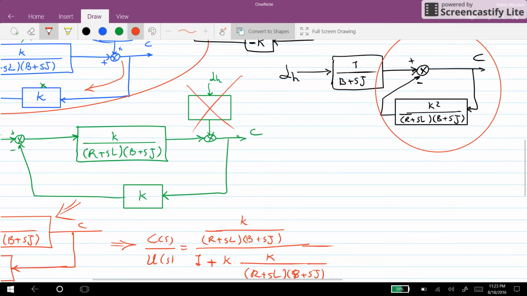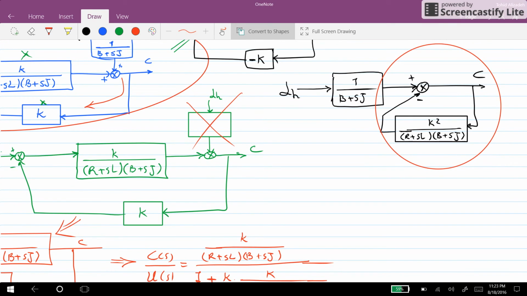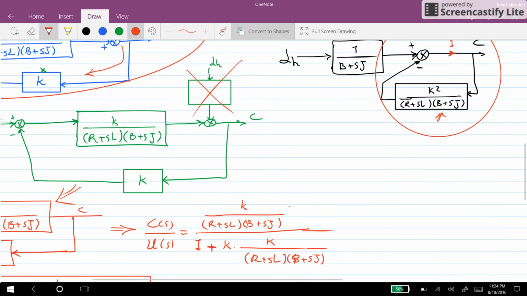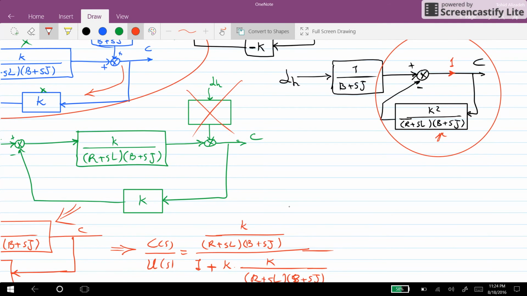This feedback part could be simplified. We have the forward pass with the transfer function equal to 1, and the feedback transfer function is this guy here. So as a result, let me redraw it here.